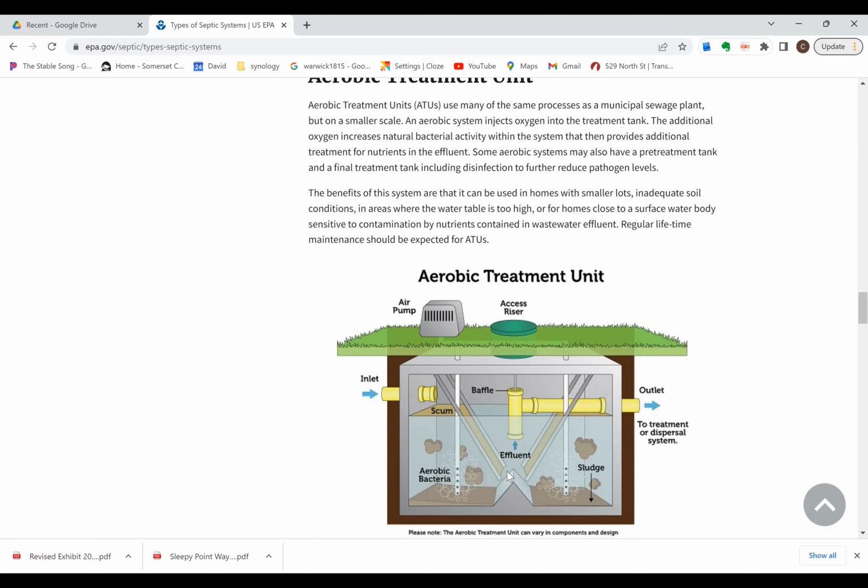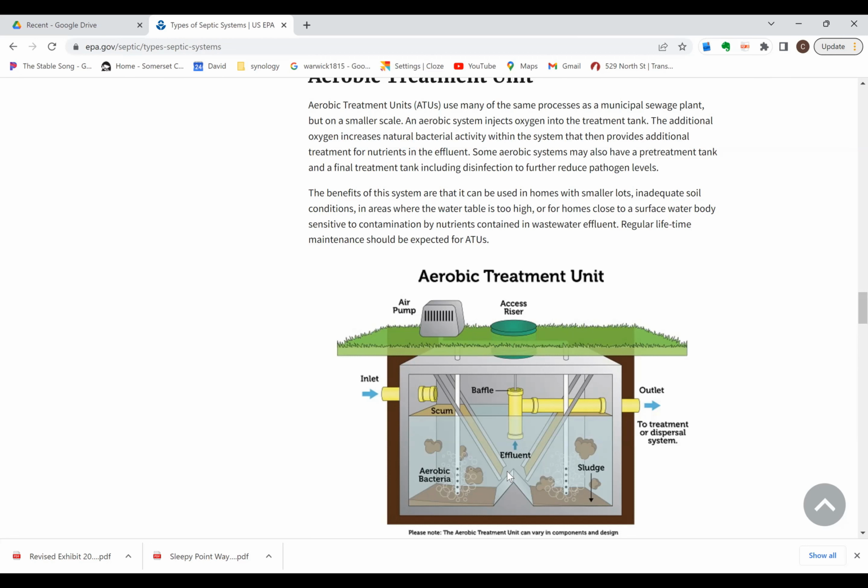So you can actually have smaller drain fields, and it's better for a smaller lot. If you're near a body of water, you can have this system because it's cleaning the water better. It's disinfecting the gray water as well, so that it's not as big of an environmental impact.